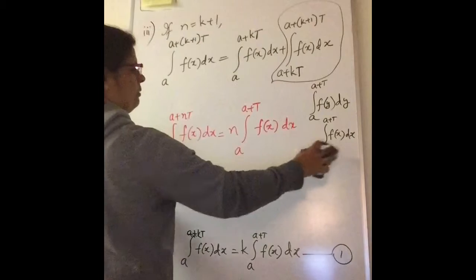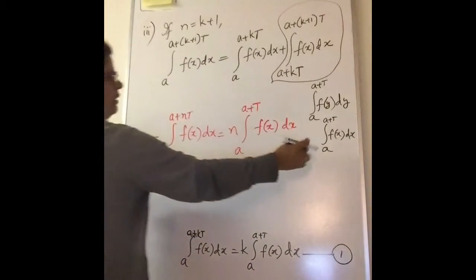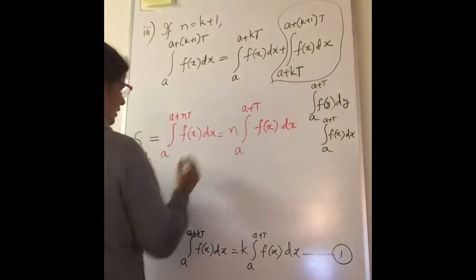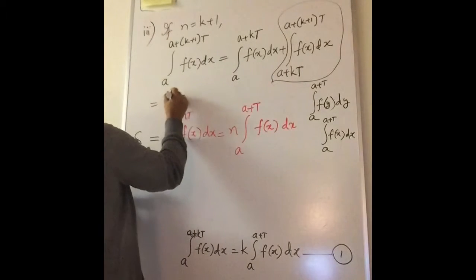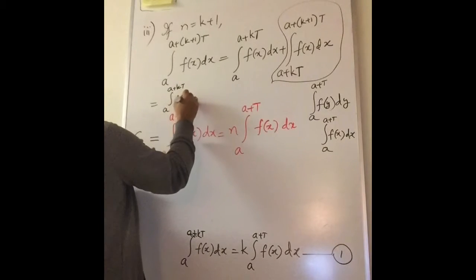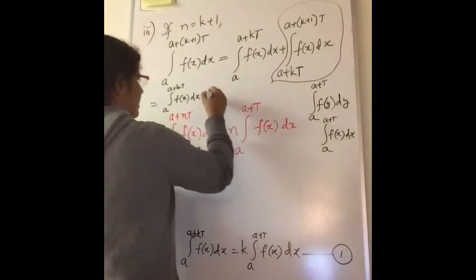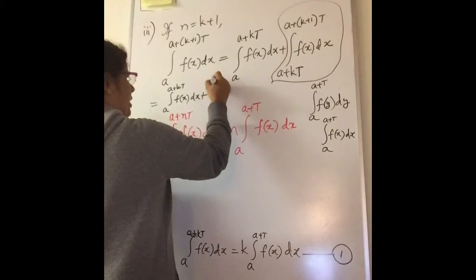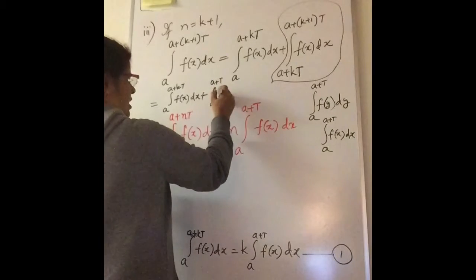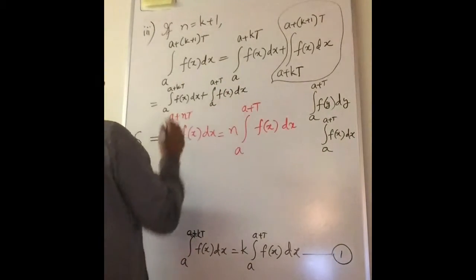So in substitution method, when we do, this result comes, that is kept in this step, that is equal to integral a to a plus kT f of x dx plus, in this place, integral a to a plus T f of x dx.